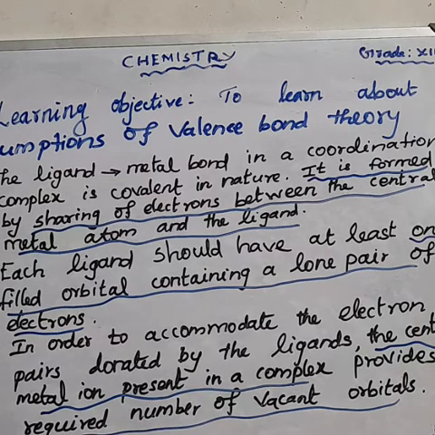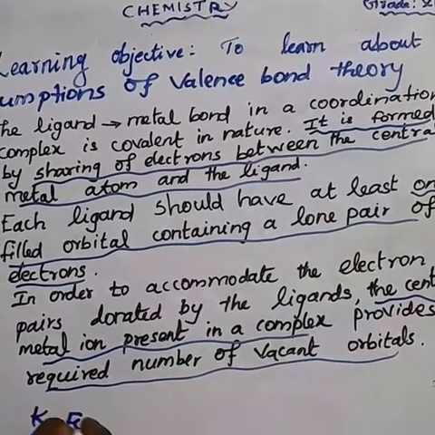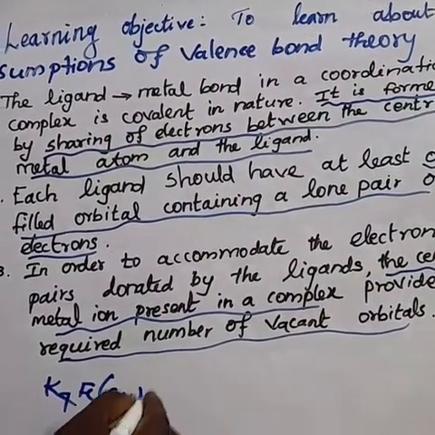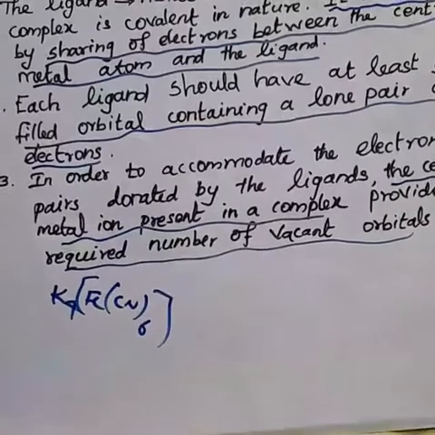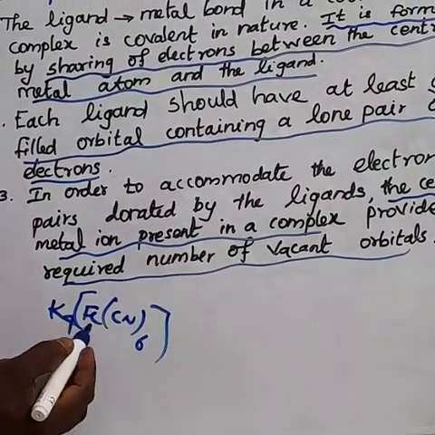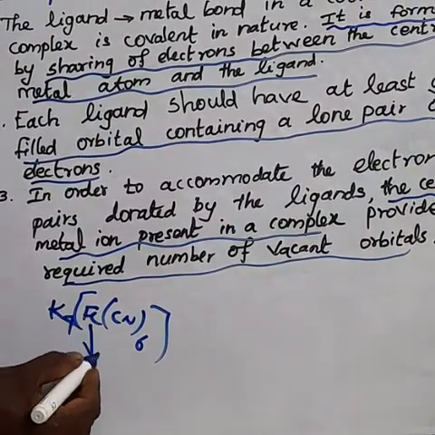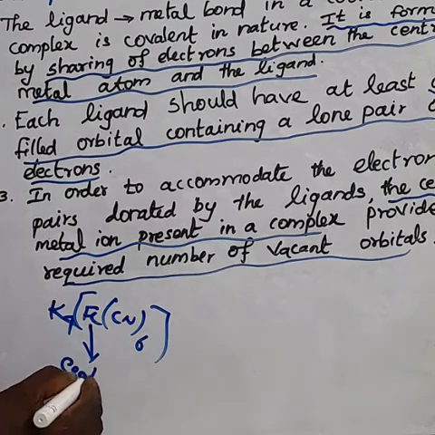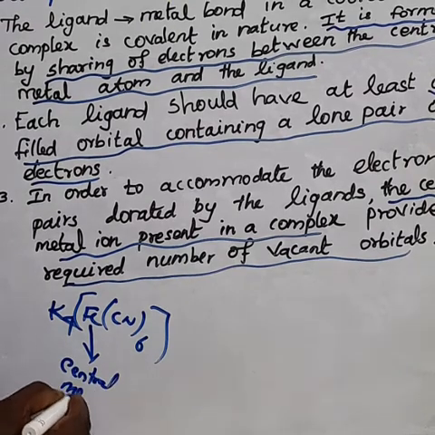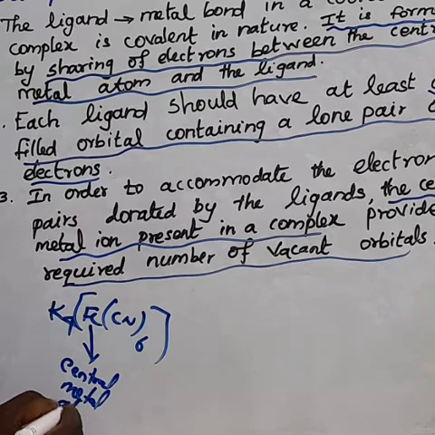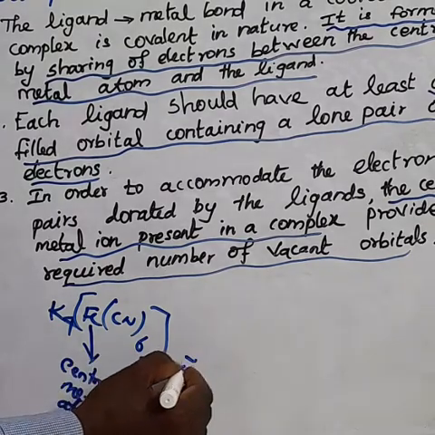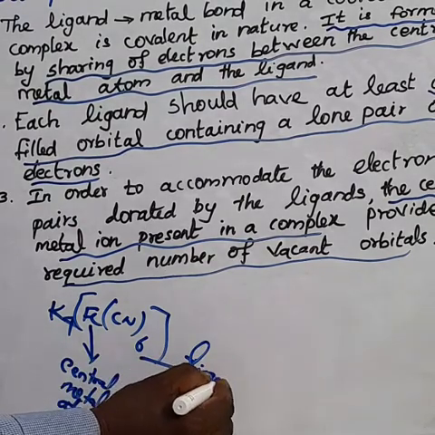For example, take one of the complexes, K4[Fe(CN)6]. Here, this is the central metal atom, and this is the ligand.